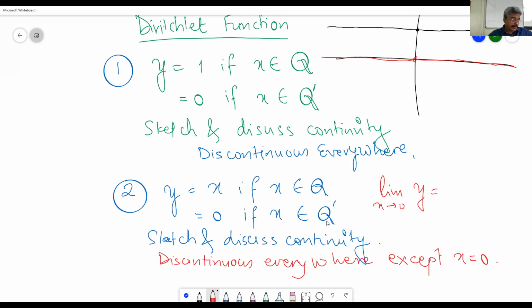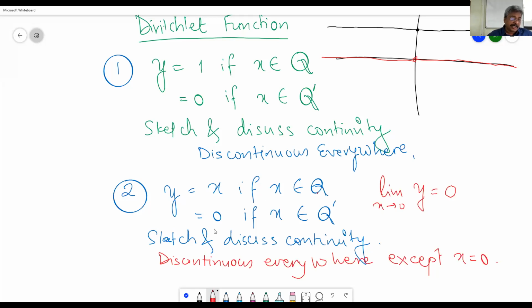And if you have considered x as an irrational number, anyway it is 0. Therefore, this limit is going to exist and is going to be 0. If you consider a rational number in the delta neighborhood, it will tend to 0. If you consider an irrational number in the delta neighborhood, it will tend to 0. Therefore, from both the positive as well as the negative side, near x equal to 0, you will have this limit and its value will be equal to 0.